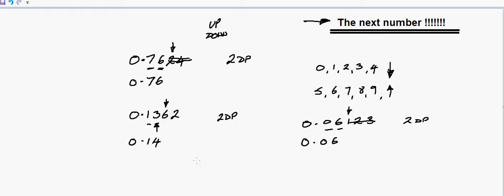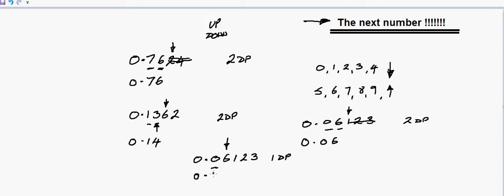Now let's say again, let's take those same numbers, 0.06123, and they said to 1 decimal place. Well, there's my 1 decimal place, 0. But remember, we go to the next number, which is a 6. So we round up. So this 0 now becomes 1.